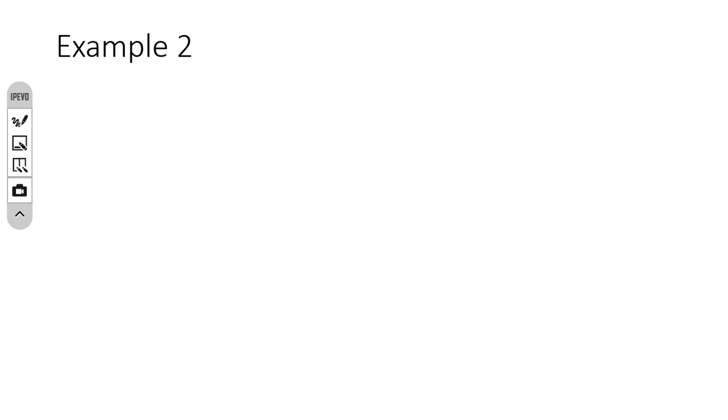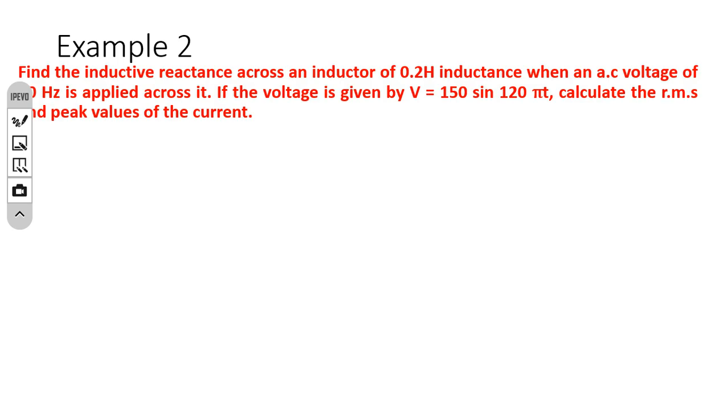Let's look at the second example. We have an inductive reactance being connected across a 0.2 Henry inductor when AC voltage of 60 Hz is applied across it.